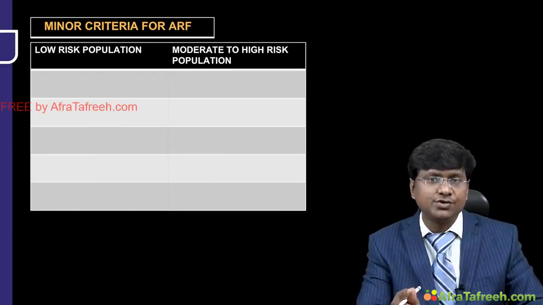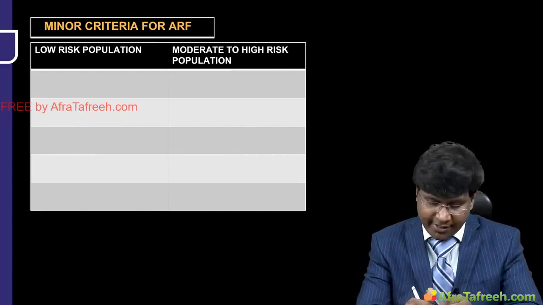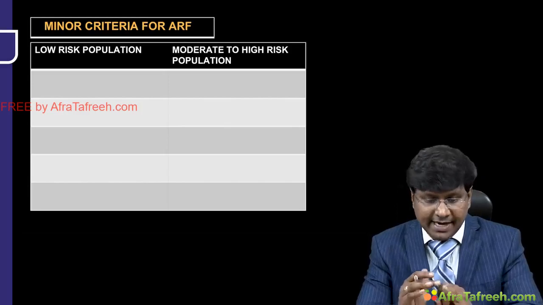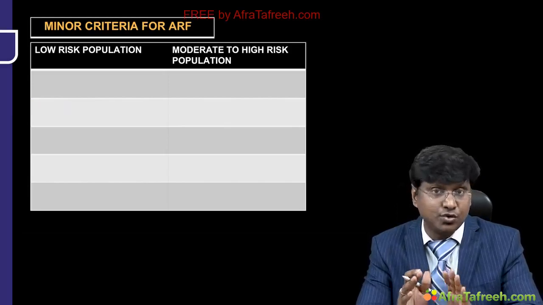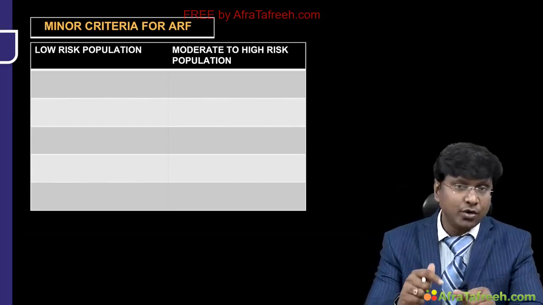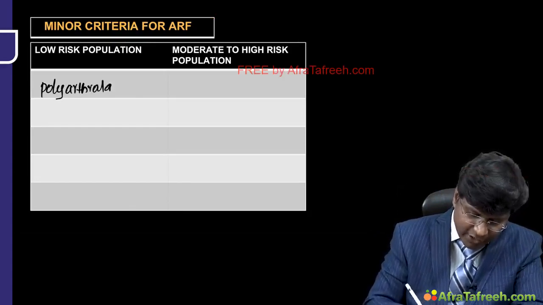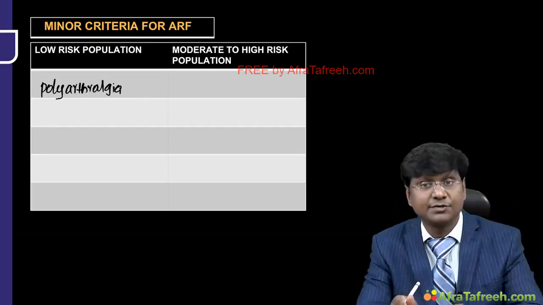For minor criteria also, we have a difference between the low risk and the moderate to high risk population. And here the difference comes at 2 points. One is joints, the other one is the acute phase reactants. For low risk population, it should be polyarthralgia.